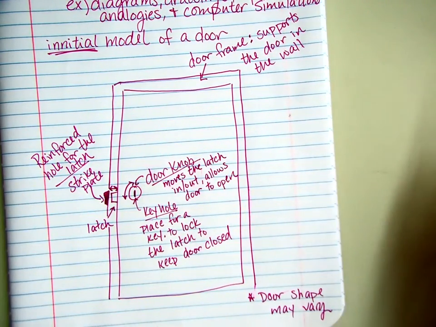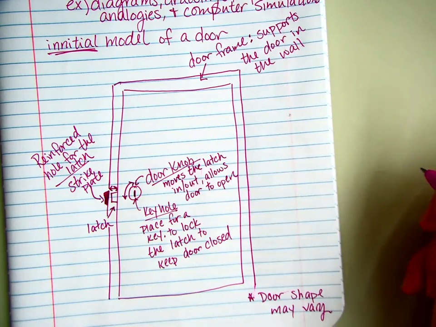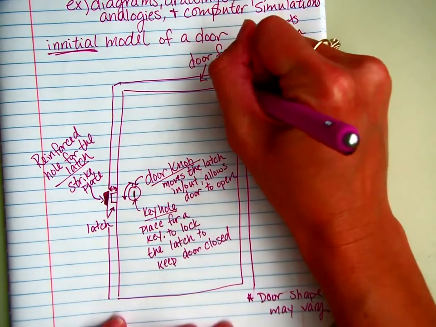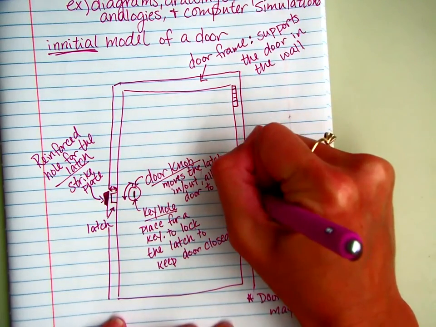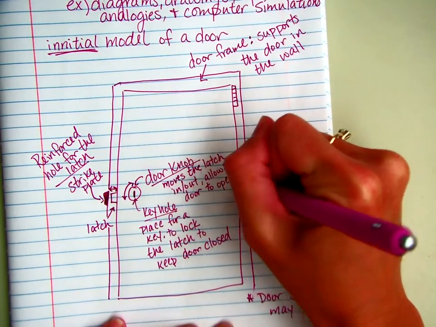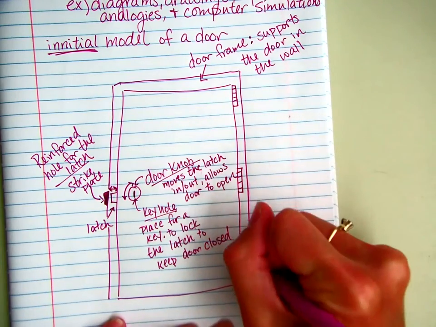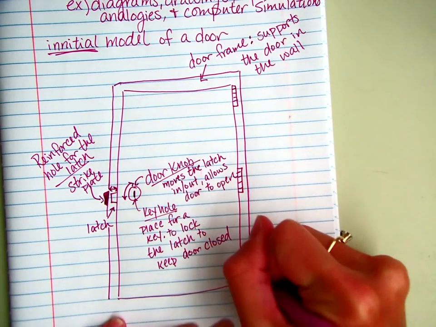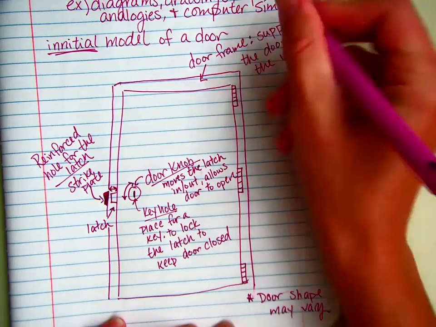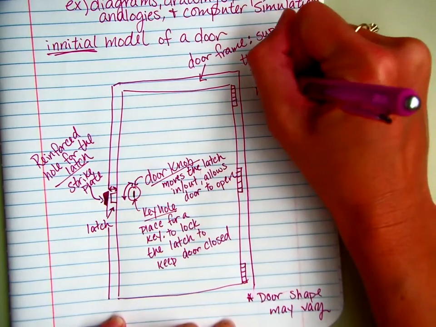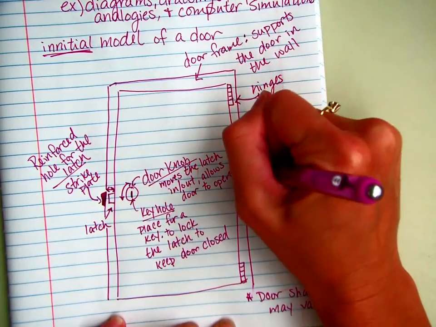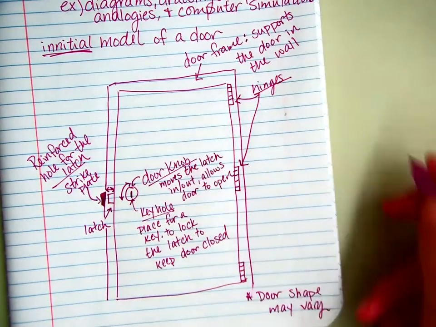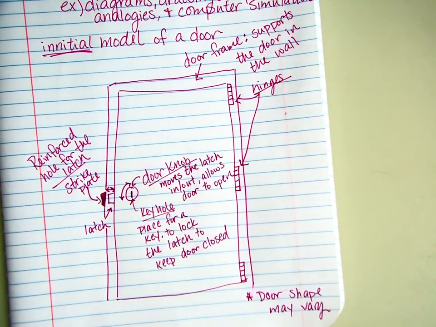Now we are missing something else super important. Hinges. So my door is going to have 3 hinges. So then, what do hinges do?